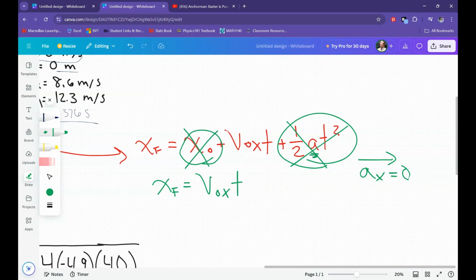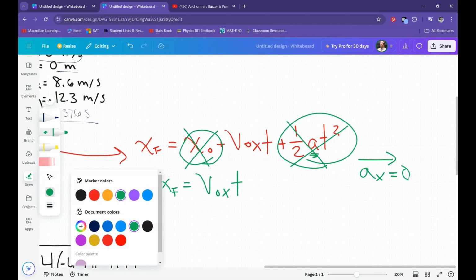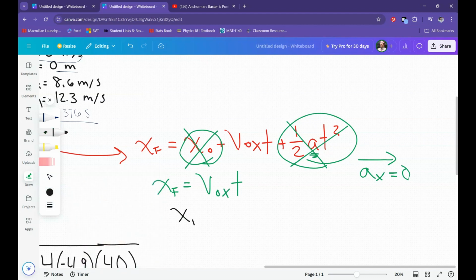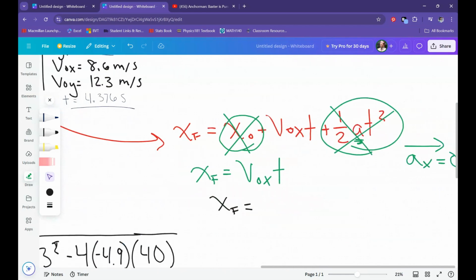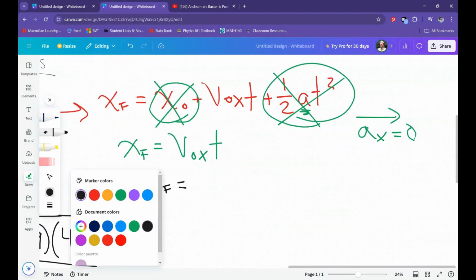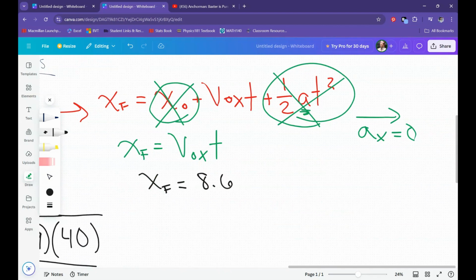And that is super easy to solve now because we have our values for v naught x and for t. All we have to do is plug them in. So we have xf equals the value we got for v naught x, which is 8.6 meters per second, times our t, which is 4.376. Multiply those together, and you get xf, or x final, from the origin point, not from the edge of the bridge.